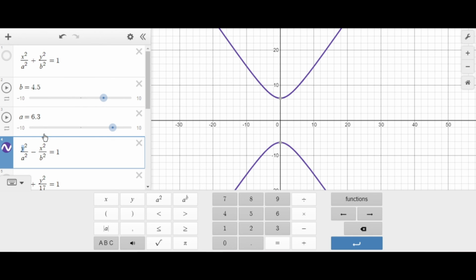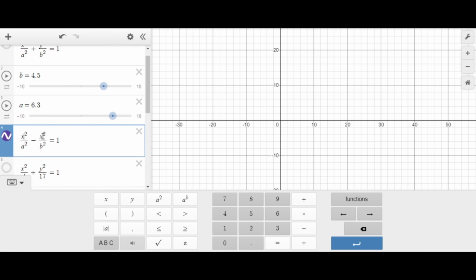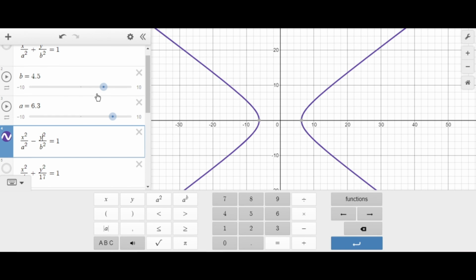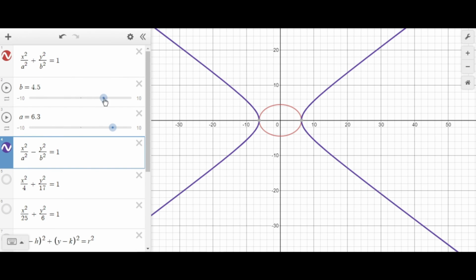Let's go back. So here, this is your ellipse, this is your hyperbola.